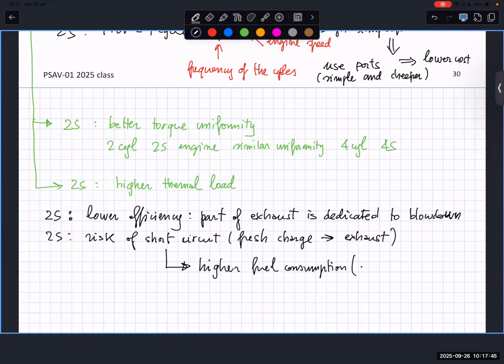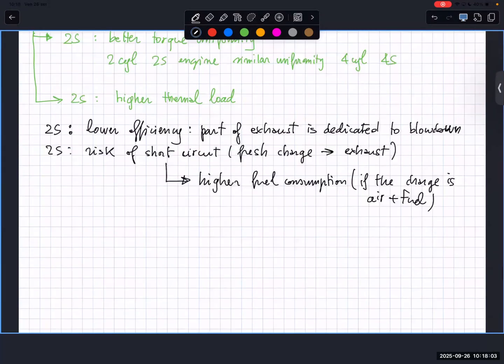If the charge is air and fuel, so if the charge is only air, maybe I have to spend to compress more air, but I won't have fuel at the exhaust.